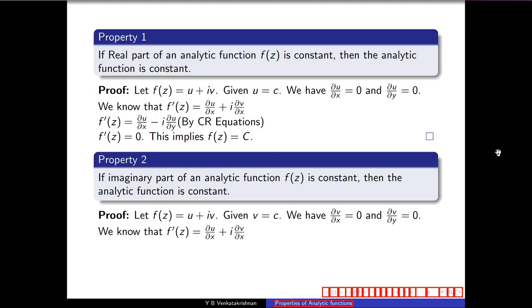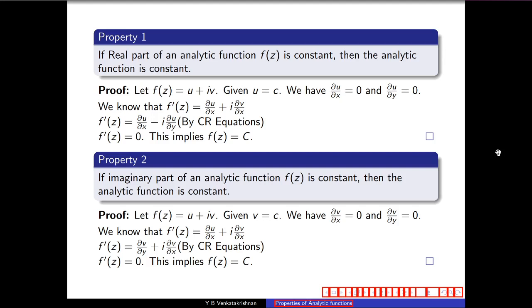I have to replace dou u by dou x in terms of the partial derivative of v, and of course f of z is analytic, hence dou u by dou x is equal to dou v by dou y, and f dash of z in terms of partial derivatives of v is dou v by dou y plus i dou v by dou x, and that turns out to be 0, and therefore f of z is again a constant.